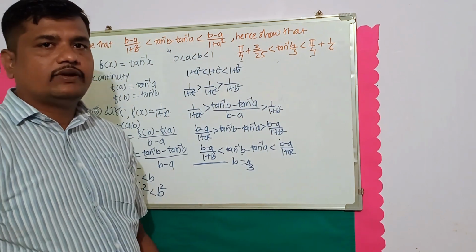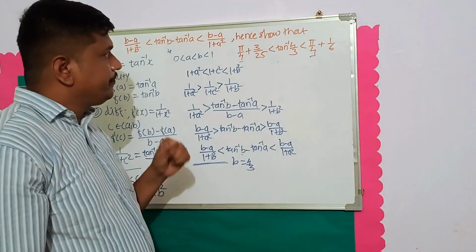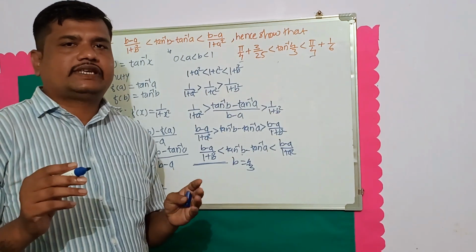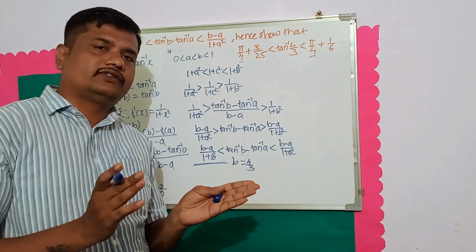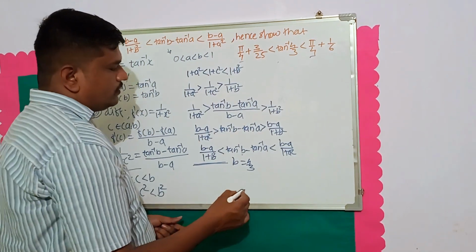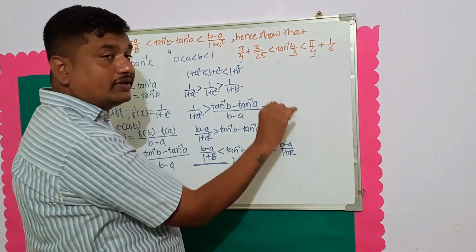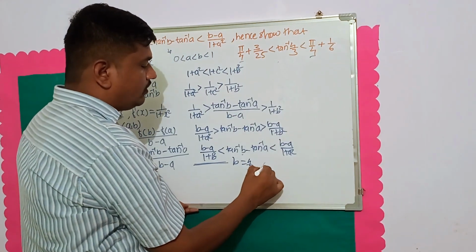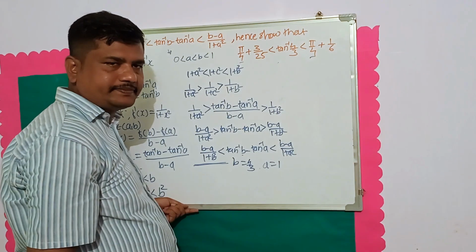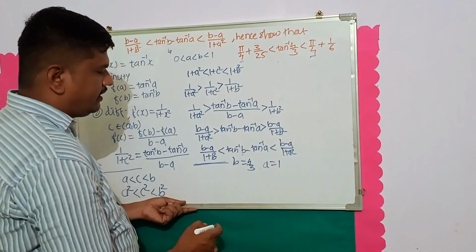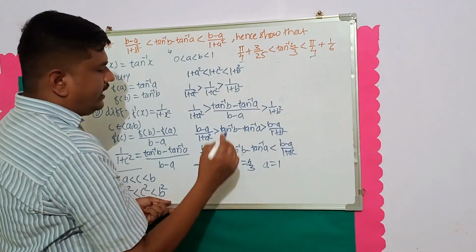Pi by 4 is tan inverse of 1, because tan of pi by 4 is 1, so tan inverse of 1 is pi by 4. That means the value of A is equal to 1. So if I put these two numbers back into this equation, I will definitely get the required answer.